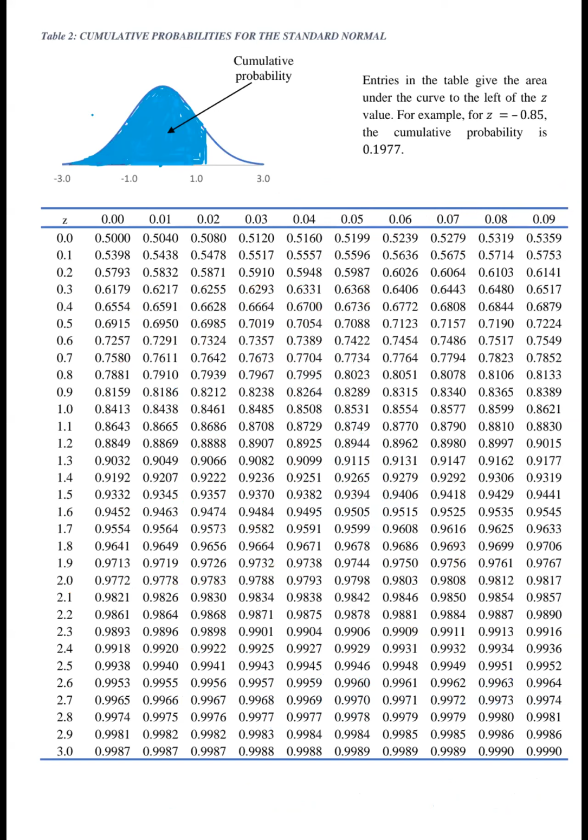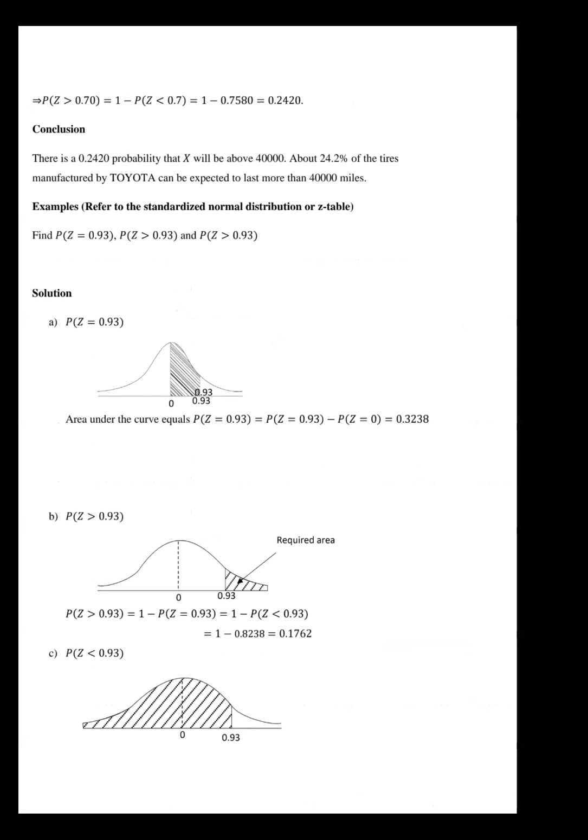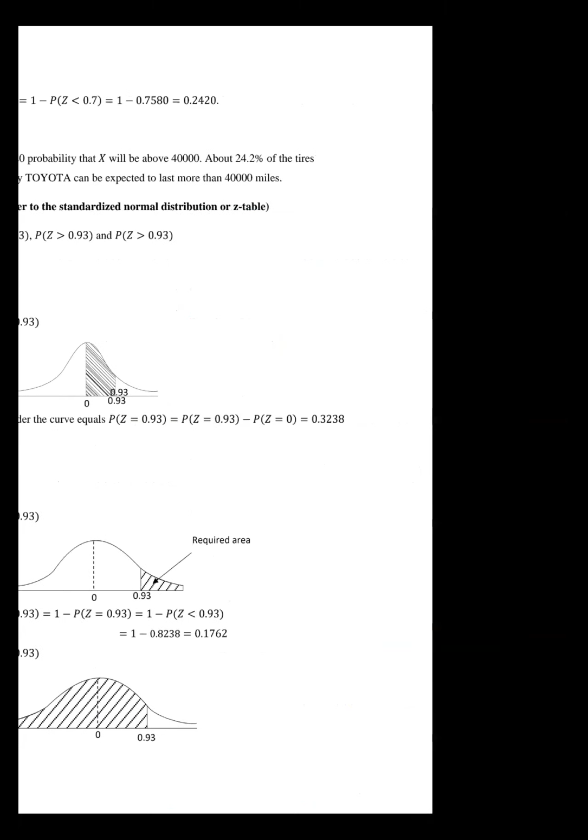Okay, cool. Now the example is where you're given 0.93. Still you have less than 0.93, greater than 0.93, and equal to 0.93. We still go direct to our table.